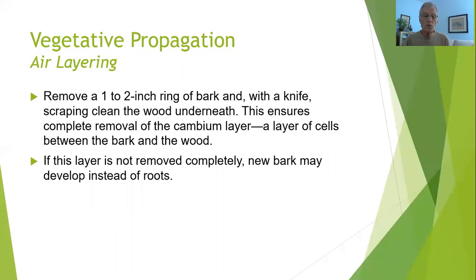You remove a 1 to 2 inch ring of bark. You're doing the cutting with a knife, scraping it clean, and the wood underneath will be exposed. This ensures complete removal of that cambium layer that I mentioned earlier, a layer of cells between the bark and the wood. If this layer is not completely removed, new bark may develop instead of roots.